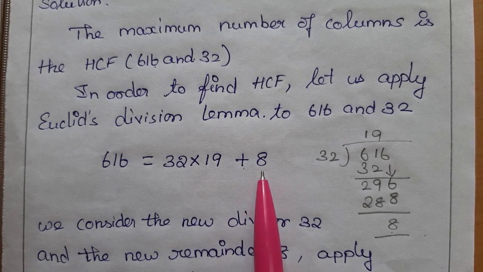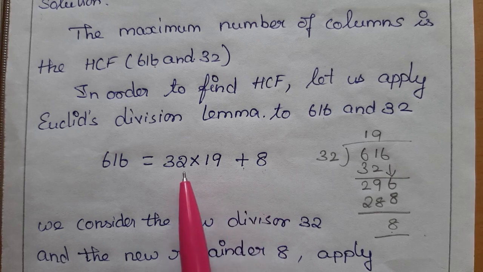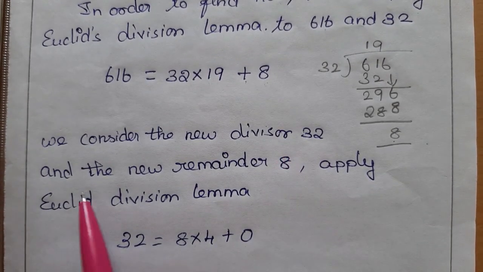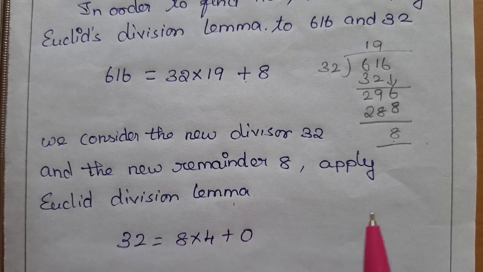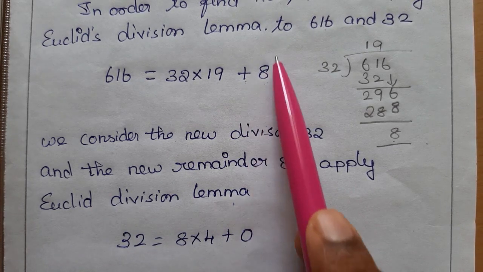Right? So at this stage is the remainder 0? No, it's not 0. So we have to apply the division lemma to 32 and 8. We consider a new divisor 32 and the new remainder 8. The Euclid division algorithm says that we have to continue until we get r equal to 0, that is, remainder equal to 0.